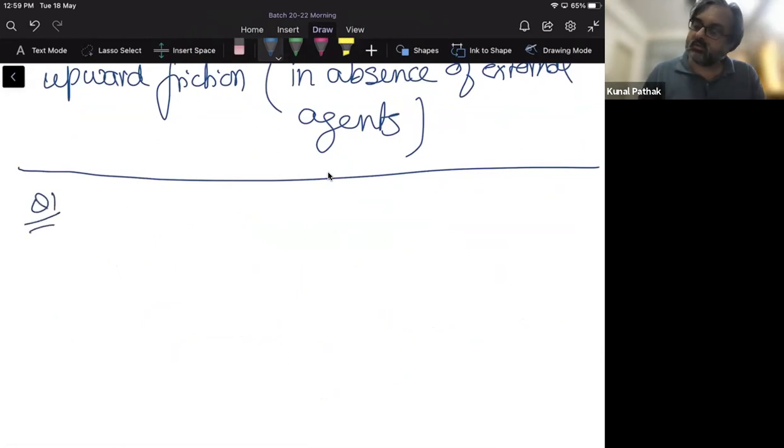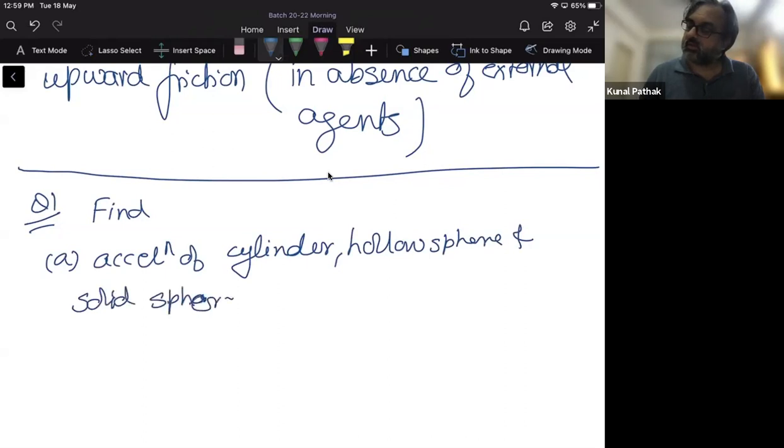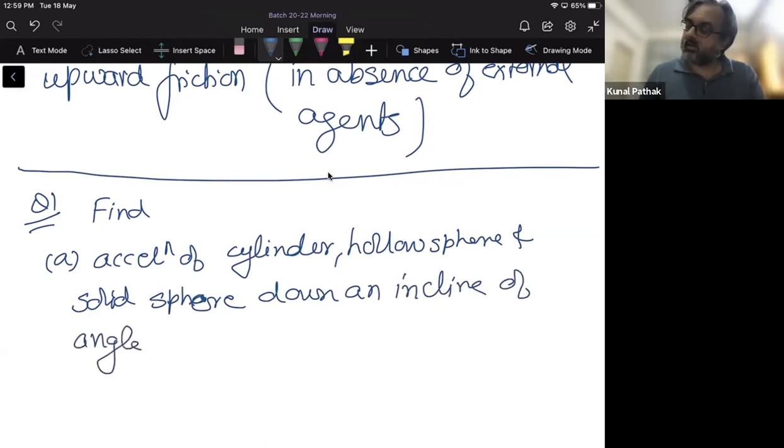Question number 1. Find the acceleration of a cylinder, hollow sphere and solid sphere down an incline of angle theta.